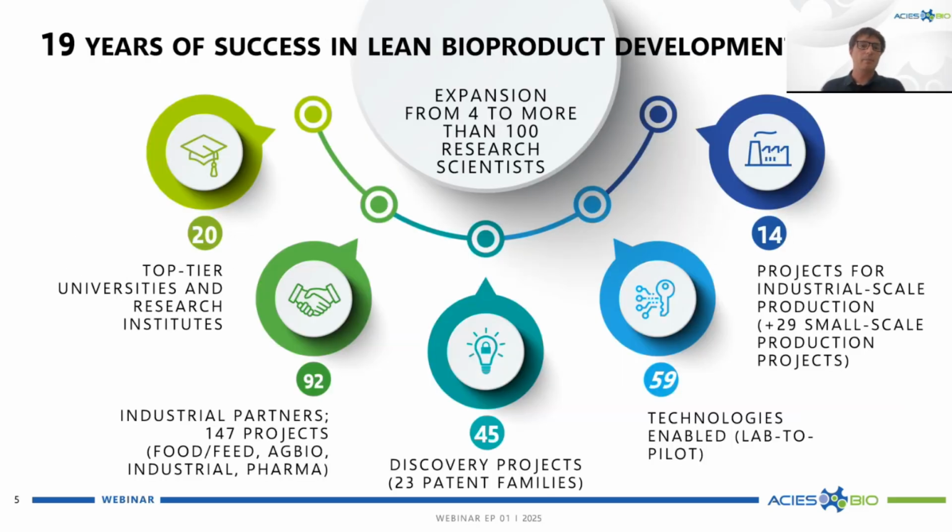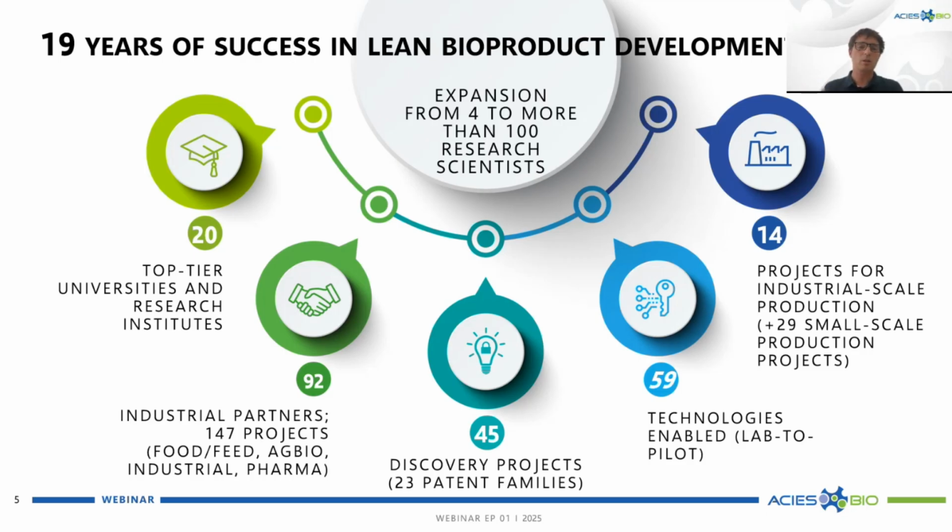We've done that for basically 19 years up to now, working with industrial partners from different parts of the world, more than 90 of them in food, feed, ag, bio, industrial, and pharma segments. We've come to develop projects from all different stages, from really scratch discovery projects.